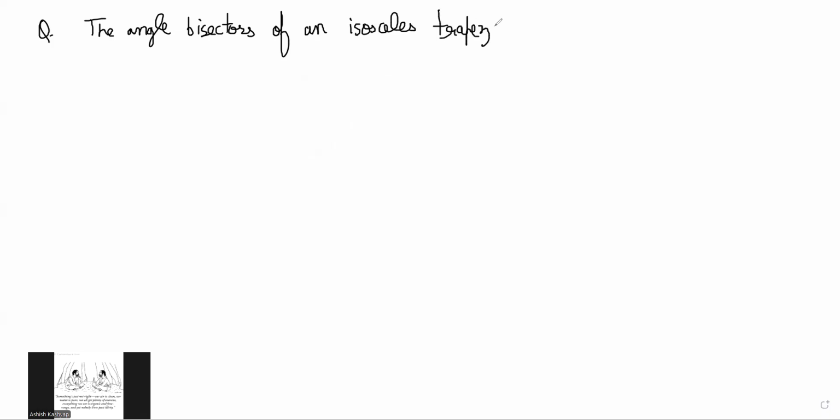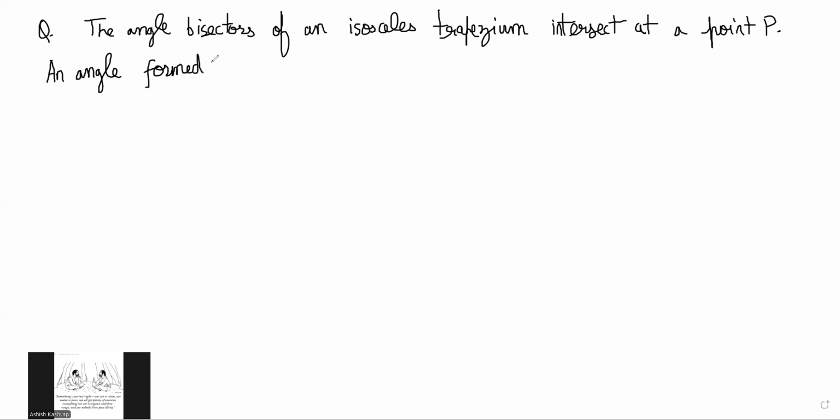The next problem is this: the angle bisectors of an isosceles trapezium intersect at a point P. An angle formed by a pair of bisectors is 60 degrees.